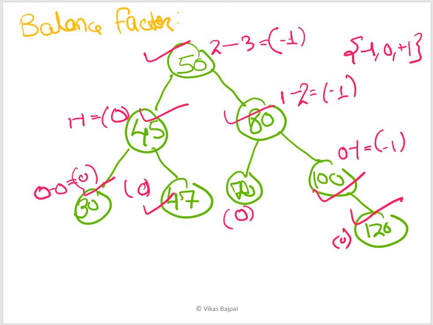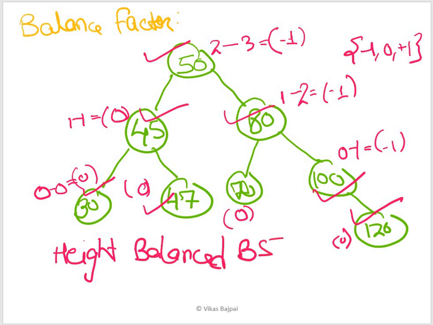So this is a height balanced binary search tree, which is nothing but your AVL tree. Now, for identifying whether a particular tree is an AVL tree or not, we have to go through this exercise every time.